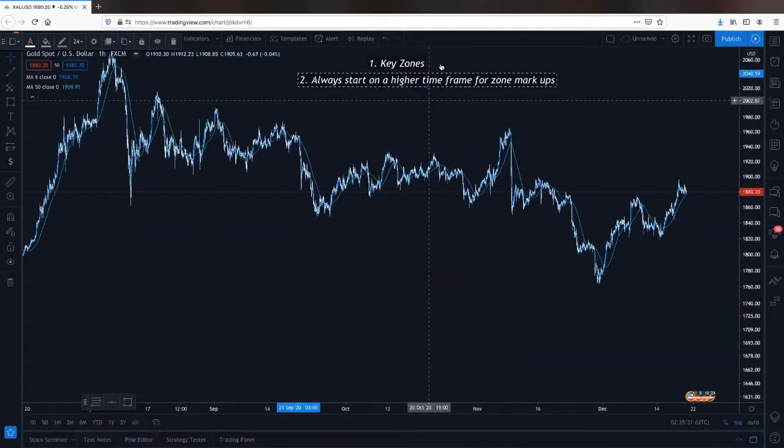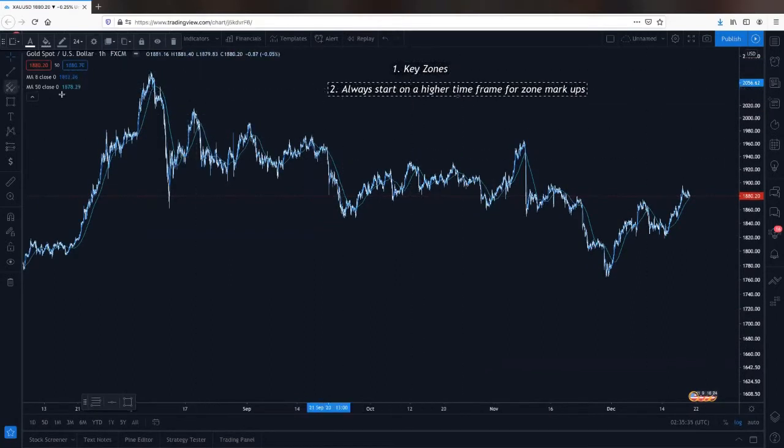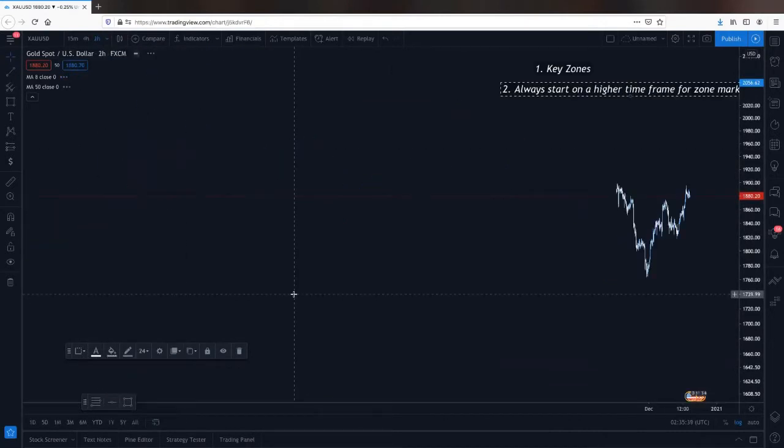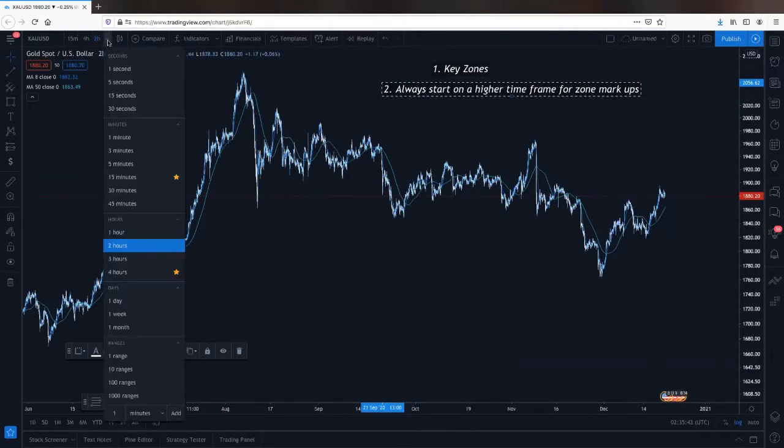Zone markups are very important. I say the 1 hour or the 2 hour time frame is pretty good for key zones.